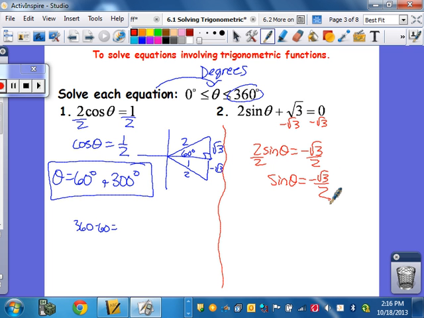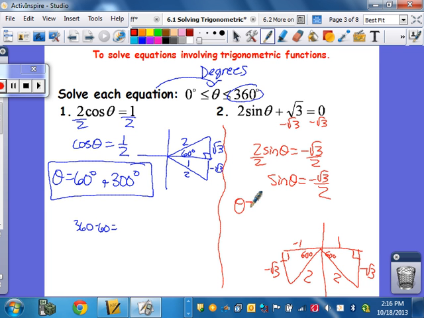So on this particular scenario, if I draw myself a picture, sine negative, quadrant 3, quadrant 4, and if I draw my opposite as -√3 over 2 in both of them, I know it has to be a 1, and then this one's a -1. But what angle is dealing with the square root of 3? That's a 60-degree angle, and this is a 60-degree angle.